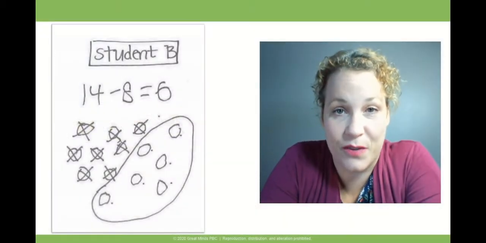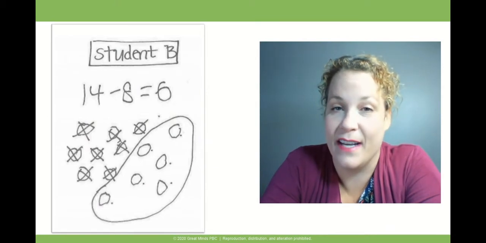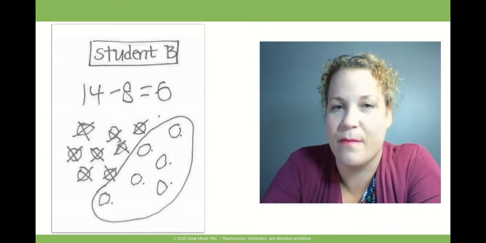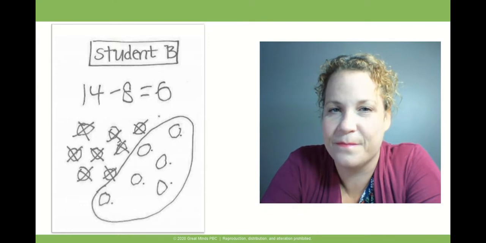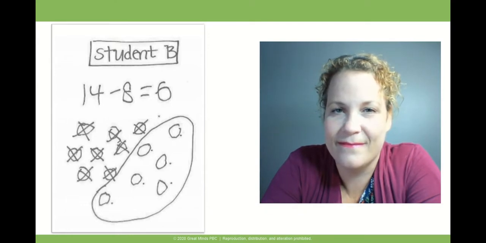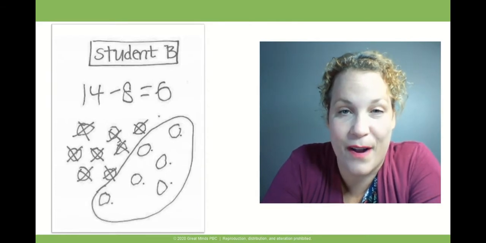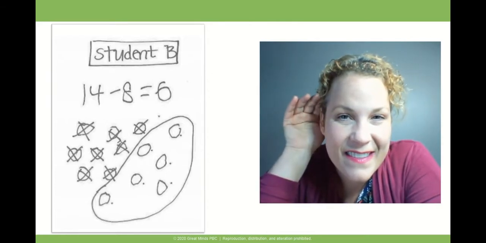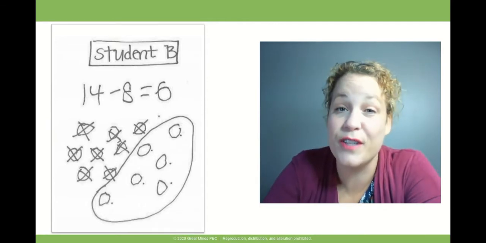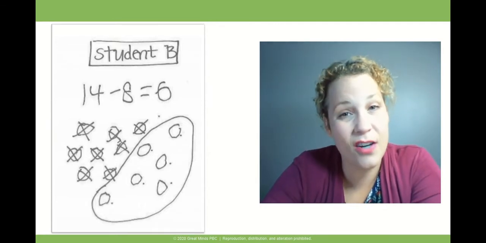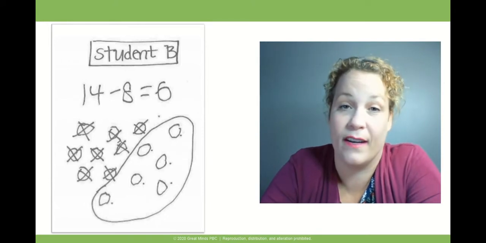Let's look at student B's work. Take a moment to examine it and think about what the student might have been thinking. How did student B solve the problem? This student drew a picture, but it's a little hard to see because the shapes are not organized.